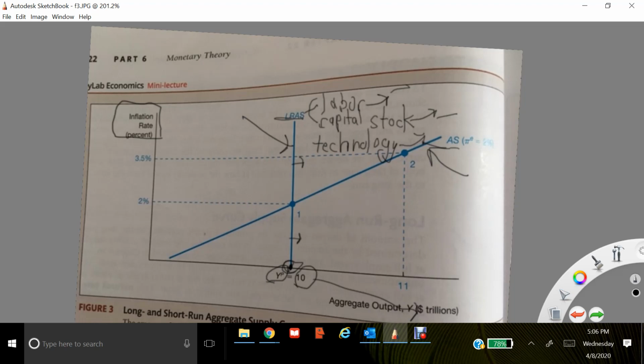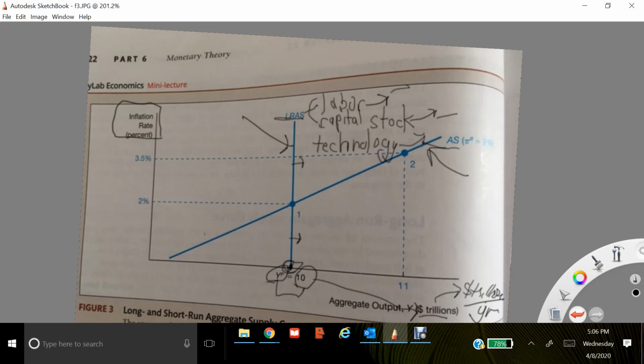And here the example is $10 trillion. And again, remember the proper units here are $1 trillion per year. Okay, this is a flow. He's being a little sloppy here.